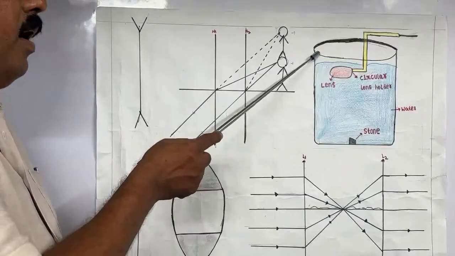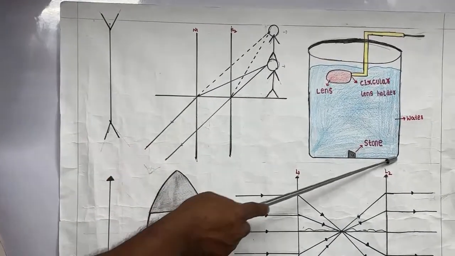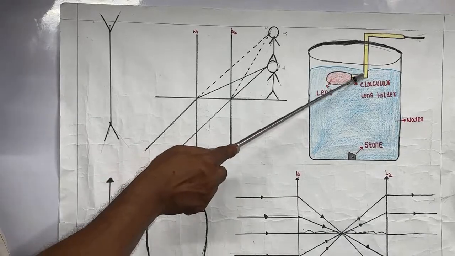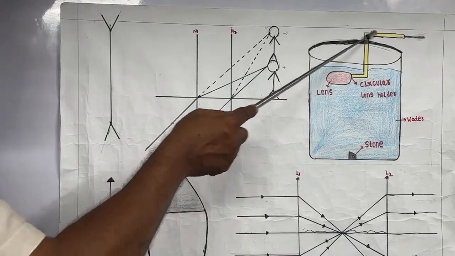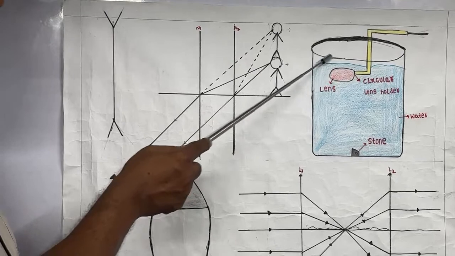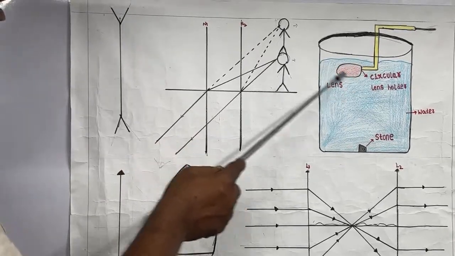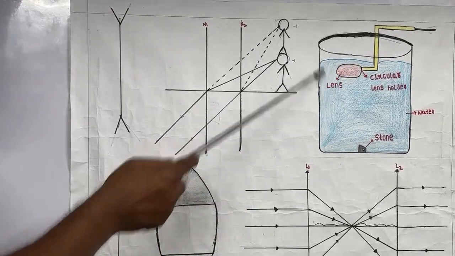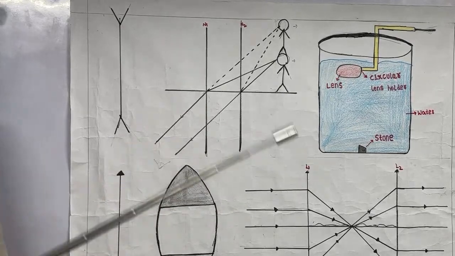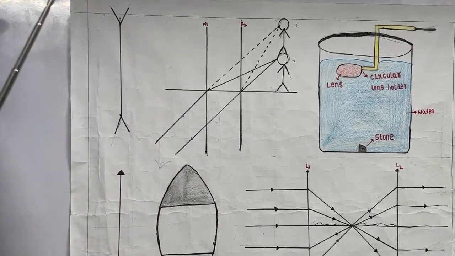The jar is filled with 3/4 of water. I am taking the holder of the convex lens, and I keep the convex lens here. Already you know the focal length of the convex lens is 15 centimeters.